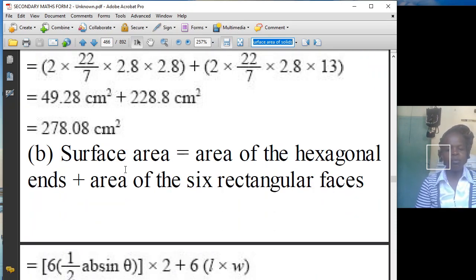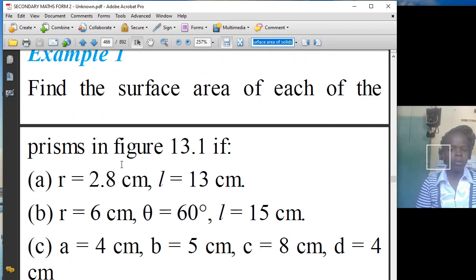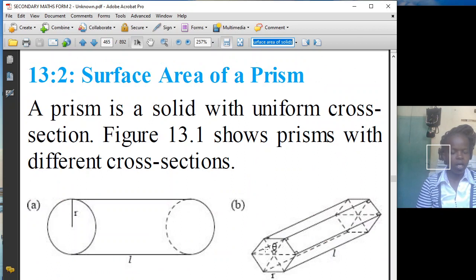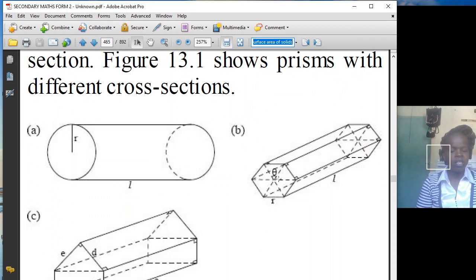The second example, which involves that hexagonal prism, we start with that uniform cross section. It is of a hexagon, and finding the area of the hexagon, we did this under the area of quadrilaterals, whereby we realized that you subdivide that hexagon into triangular faces.